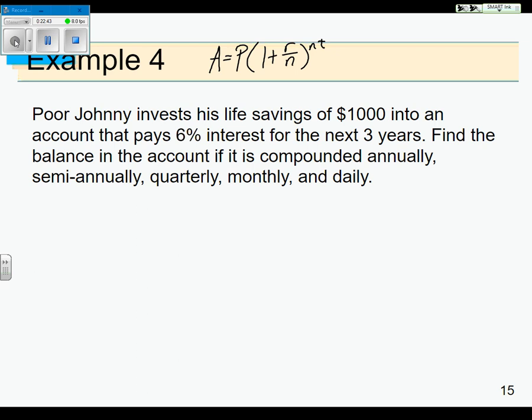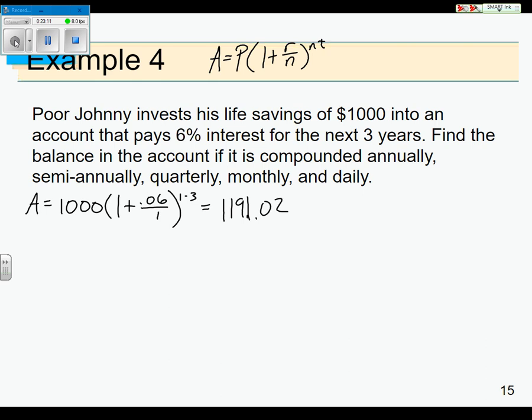So if it's being compounded annually, Johnny is going to take his $1,000 and apply the 6% interest one time for 3 years. Whenever I put all that into my calculator, I got $1,191.02.